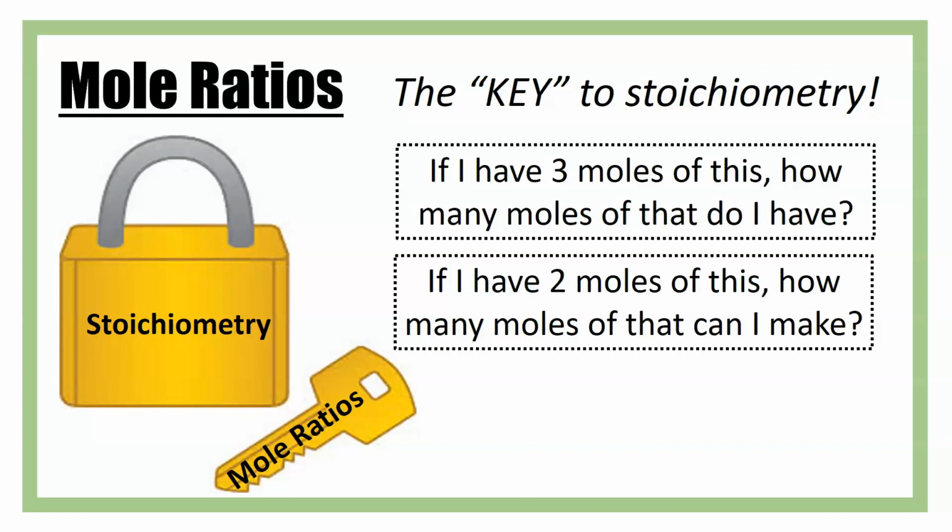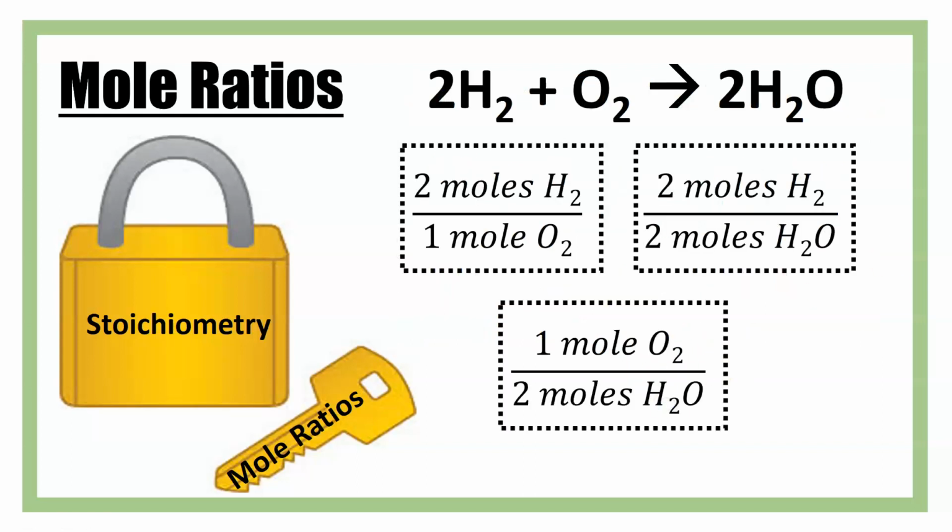So let's try to write some mole ratios. If this is the equation we're using, the mole ratios are any combination of elements related to each other. So for example, 2 moles of hydrogen needs 1 mole of oxygen. So you can see here, I've made a ratio set up as a fraction.